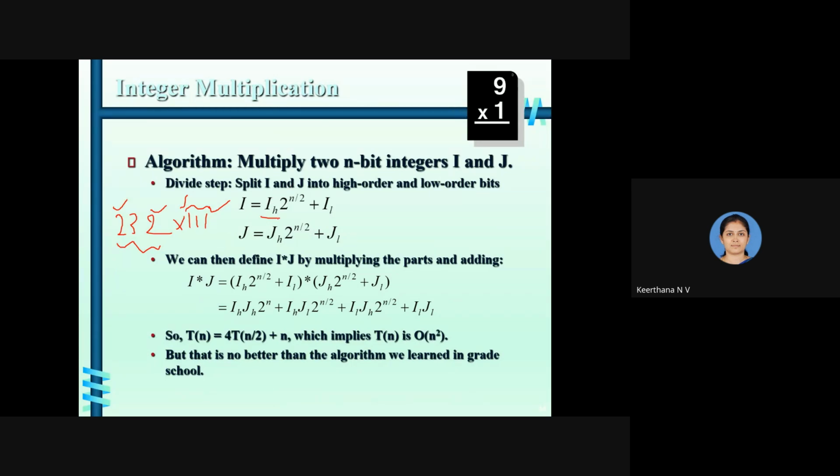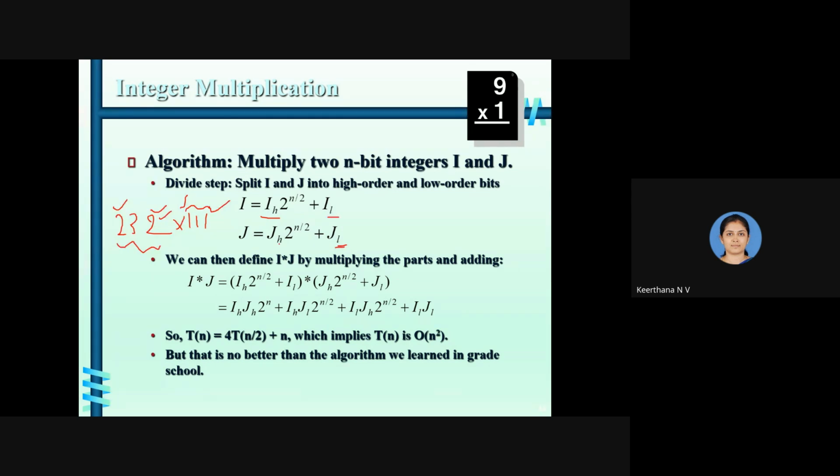So I is IH into 2 power n by 2 plus IL. L will be your lower bits. Again, for higher and lower bits, I is one number and J is the other. So this is represented as JH 2 power n divided by 2 plus JL.